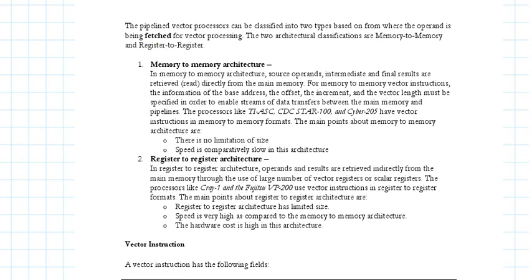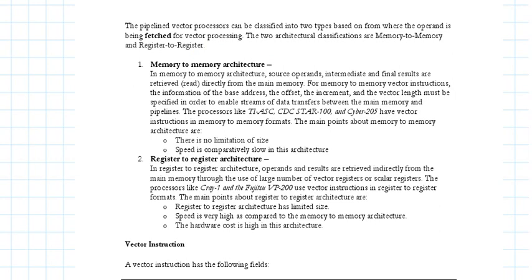In other words, for a processor to process some data, the data needs to be fetched into the processor from somewhere. It might be fetched from memory, it might be fetched from the registers, and depending upon from where the data are being fetched, two types of architectures were developed.